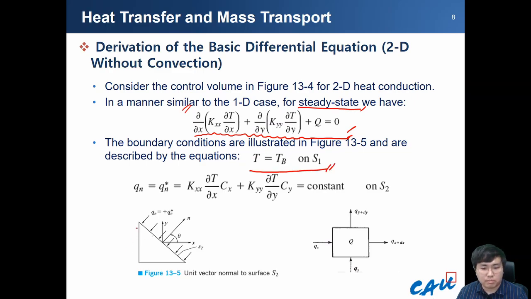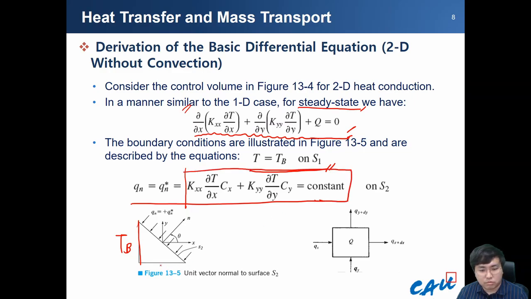That means I'm going to fix this part's temperature T_B. The other is this flux equation, so we can apply some specific heat flux. That term looks like this, and this becomes some specific constant flux. So this is the second type of boundary condition, in two-dimensional space.